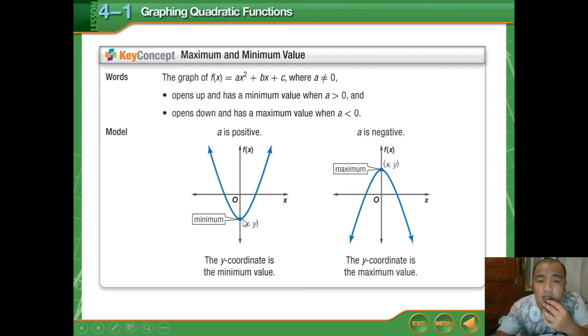When a is less than 0, or negative, it opens down and has a maximum value. The y-coordinate is the minimum value for a parabola that opens upward, and the maximum value for a parabola that opens downward.